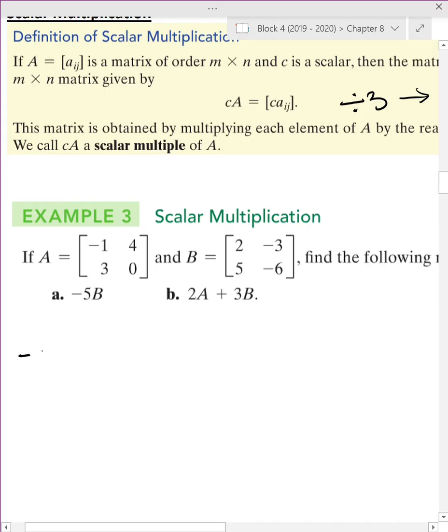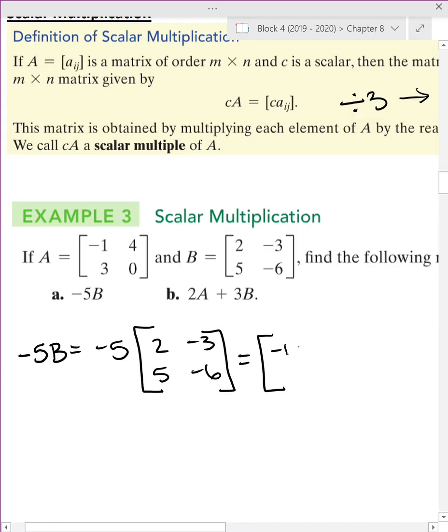So, negative 5b. So basically what I do is I want to multiply negative 5 to everything in matrix B. So I'm going to get negative 10, 15, negative 25, and 30.